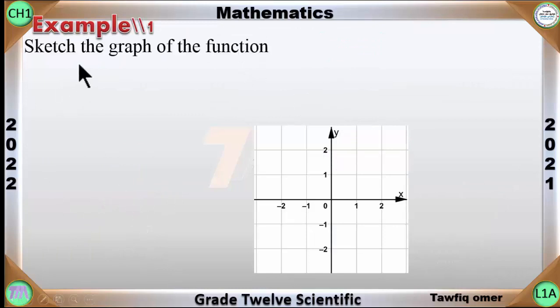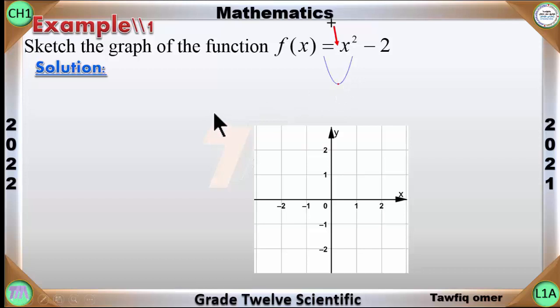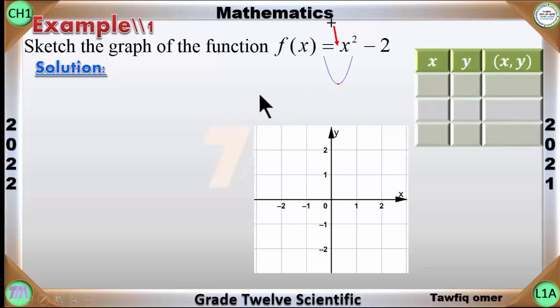Example number 1. Sketch the graph of the function f(x) equal x squared minus 2. You can see that the sign of x squared is positive, then the function will open upward like this. To find the vertex, we must use the rule x equal minus b over 2a.